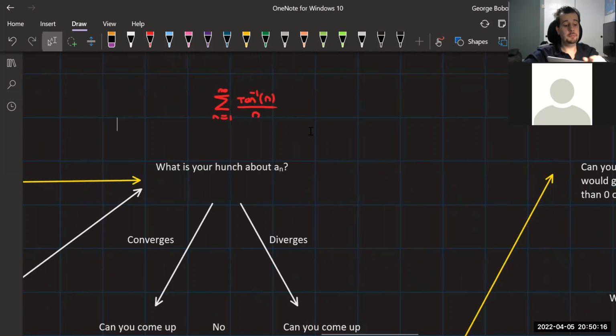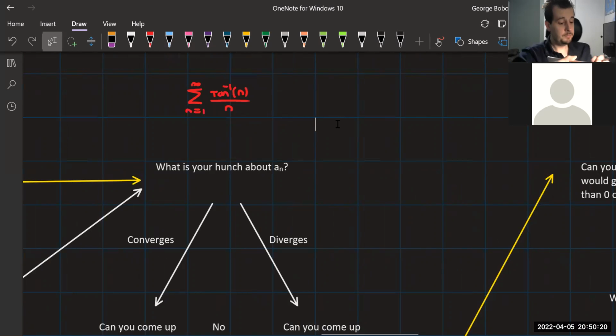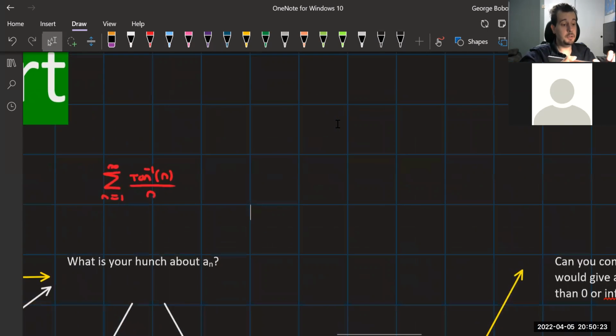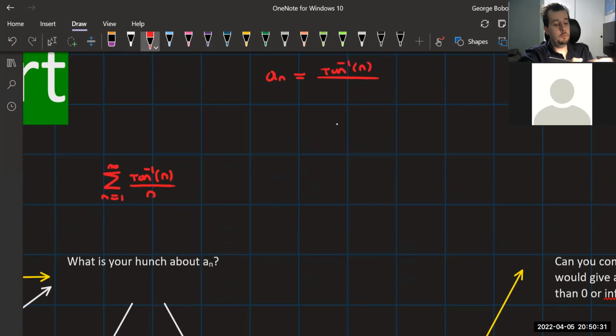What is your hunch about it? Here's where you're starting to do the terms. Okay, seems like it's going to be another comparison test to me. So a_n is tan inverse of n over n. We're going to try a few of these values to see what we get.